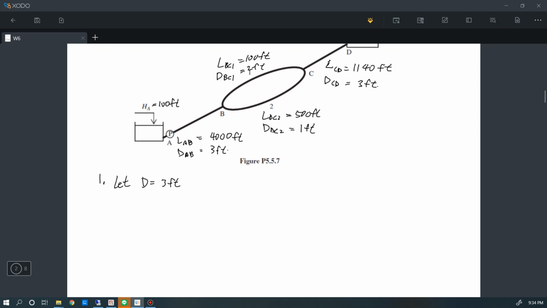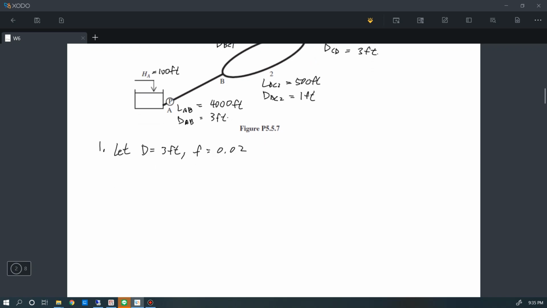Okay, because the diameters are 2 and 1. So we just simply assume that the new pipeline has the diameter equal to 3 feet, and has the same factor F, which is also equal to 0.02. And we will use the equation that we used in the previous recitation.